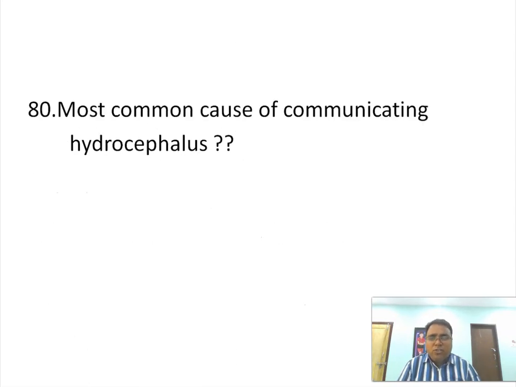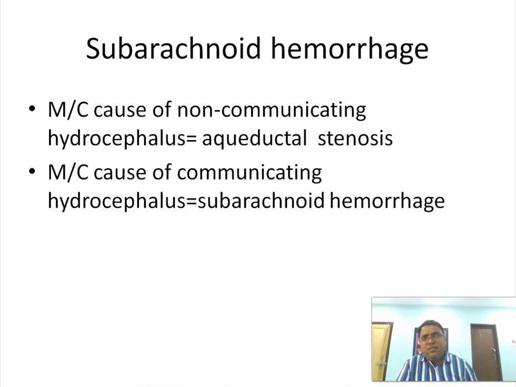Next, the most common cause of communicating hydrocephalus. What is the most common cause of communicating hydrocephalus? This is subarachnoid hemorrhage. The most common cause of non-communicating hydrocephalus is aqueductal stenosis or aqueductal gliosis, what we know. But if the question is a bit different, that is the most common cause of communicating hydrocephalus, then it is not aqueductal stenosis, rather it is subarachnoid hemorrhage.